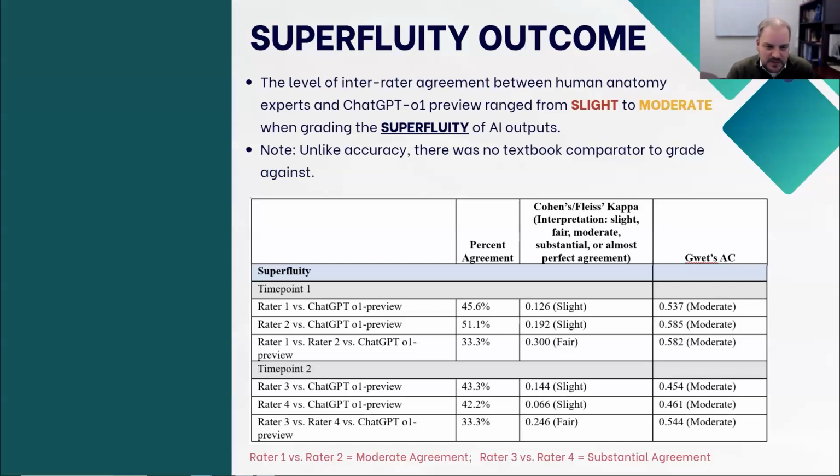However, you might also notice at the bottom of the screen, again in pink, look at that agreement between human raters. They too struggled a bit more here because their ratings and agreement were not as strong as they were previously. So notice that their agreement ranged from moderate to substantial for superfluity.